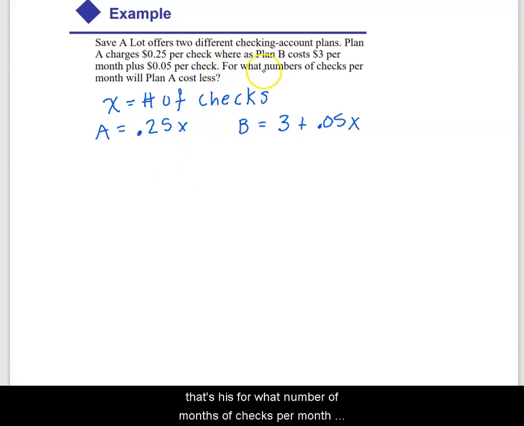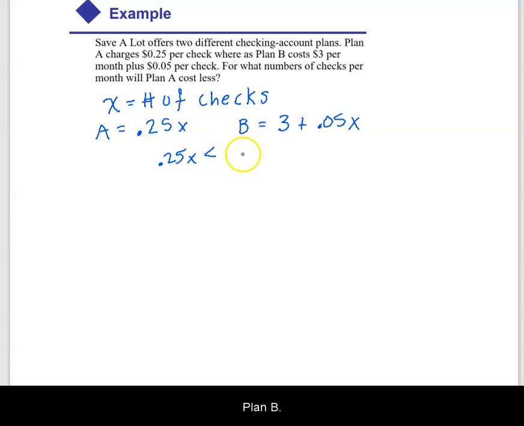So it says, for what number of checks per month will Plan A, well, we know something about Plan A. Plan A is 25 cents per check. When is that going to be less than Plan B? And this is Plan B.